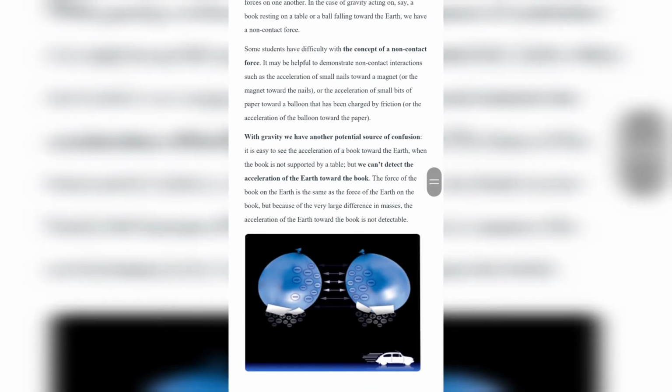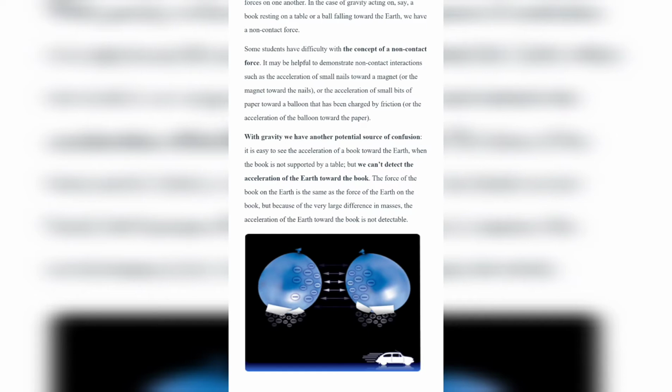With gravity, we have another potential source of confusion. It is easy to see the acceleration of a book towards the earth when the book is not supported by a table, but we can't detect the acceleration of the earth towards the book.